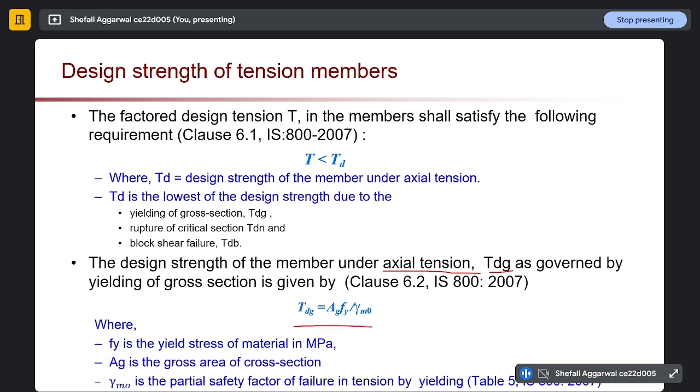AG is the gross area of our cross-sectional area, if we say B into D normally, so that will be our gross area, and then Fy will be the yield stress which will be given to us, and gamma m0 will be the factor of safety, and it will depend on the material factor as given in table 5 of IS 800.